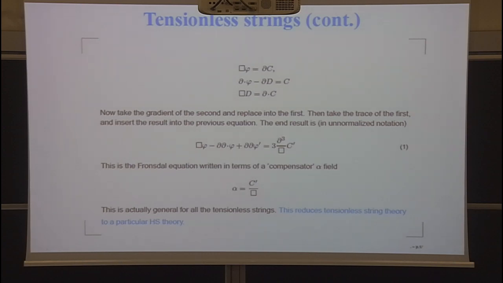They proved that the equation of motion of string field theory reduces to this for these fields. Then by working out, you find the equation that I showed you at the very beginning, with a compensator alpha, which can be absorbed into dynamics, so that the theory becomes even Lagrangian.